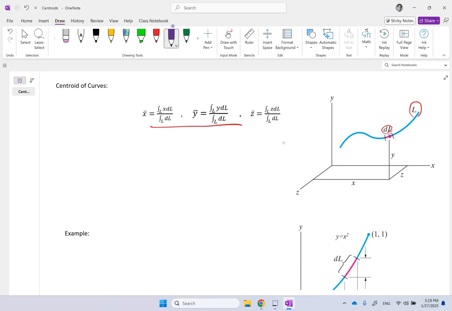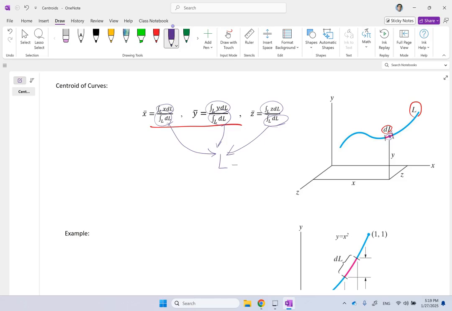So here again, you calculate the moment of this element with respect to the xyz and divide them by the total length, and you are going to get the centroid of the curve. Okay, so you need to calculate these integrals.